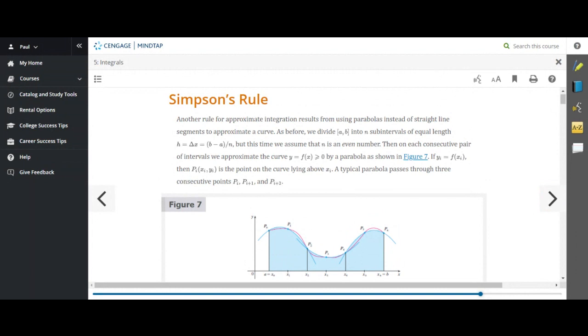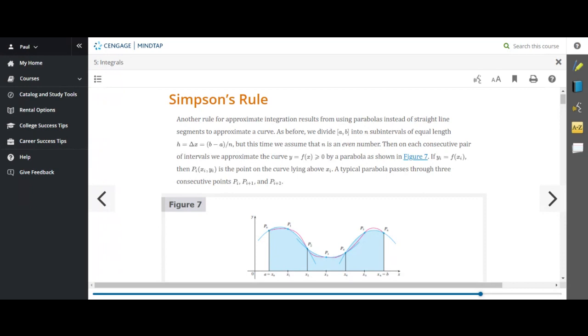In this case, in figure 7, you have 3 subintervals, and for each subinterval, you use 3 points and the function values. For the first subinterval, you have p sub 0, p sub 1, p sub 2, and you pass a parabola through those points. Second subinterval, another 3 points, P sub 2, P sub 3, P sub 4, you pass a parabola through those 3 points, and so forth.